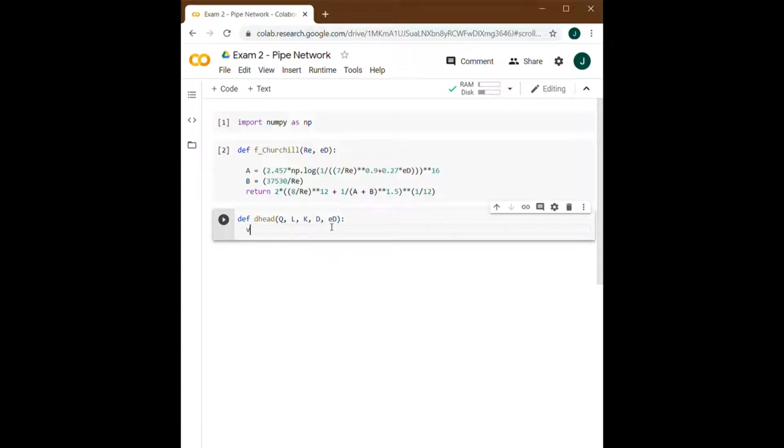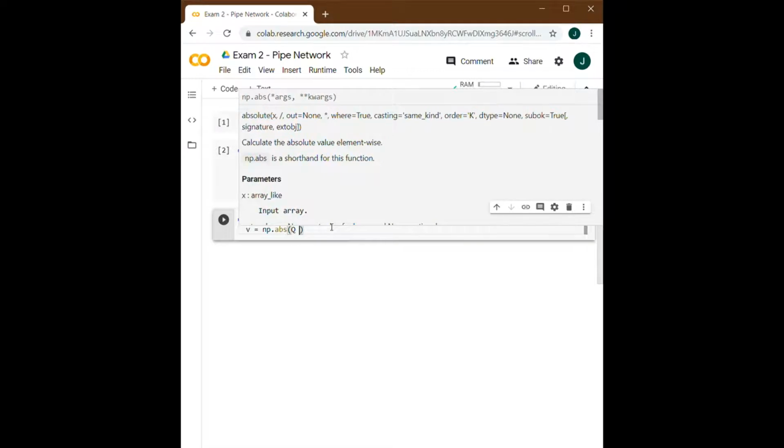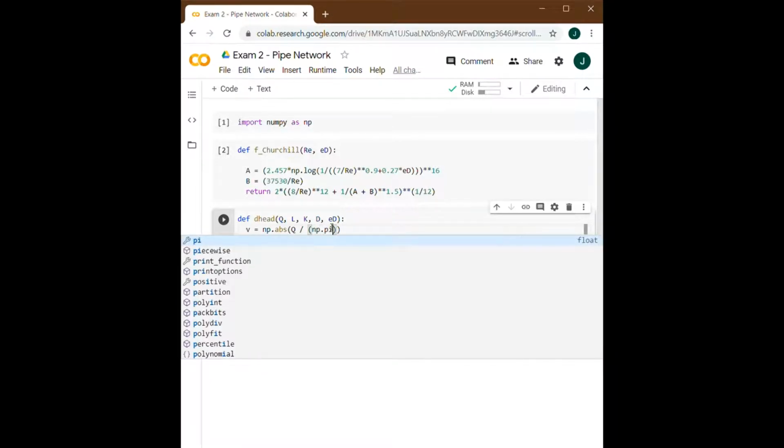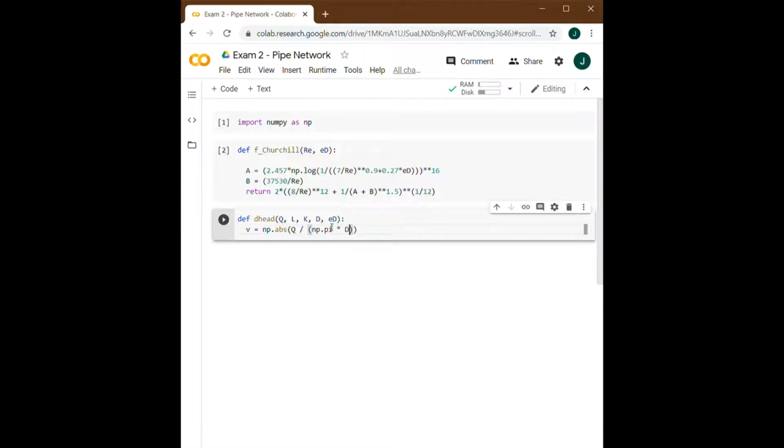We're going to call that little v, and it's going to be equal to our flow rate divided by pi times diameter raised to the power of 2, divided by 4.